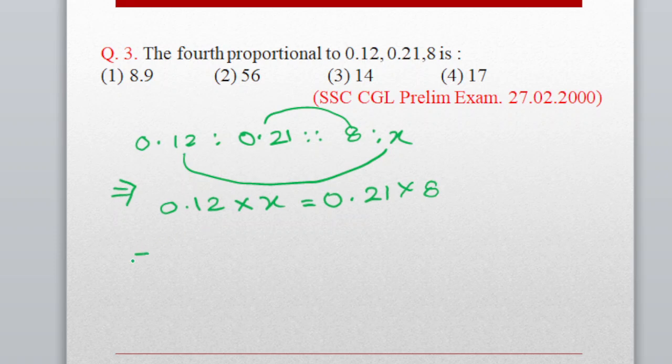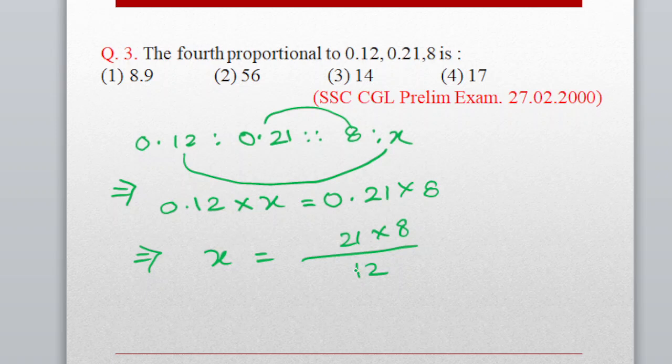So this implies x is equal to 0.21 into 8 divided by 0.12. As here after the decimal point 2 digits are there, and here also after the decimal point 2 digits are there, we have to remove these decimal points, because in both the numerator and the denominator there are 2 digits after the decimal point.